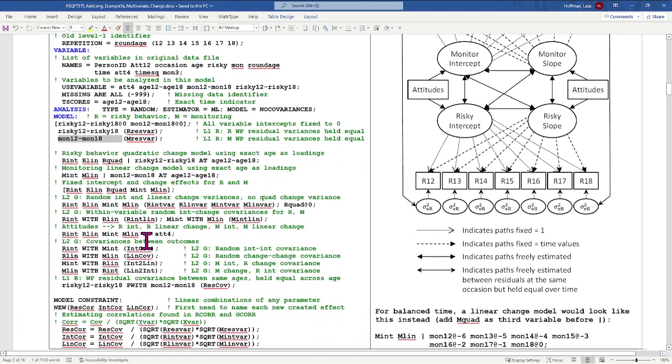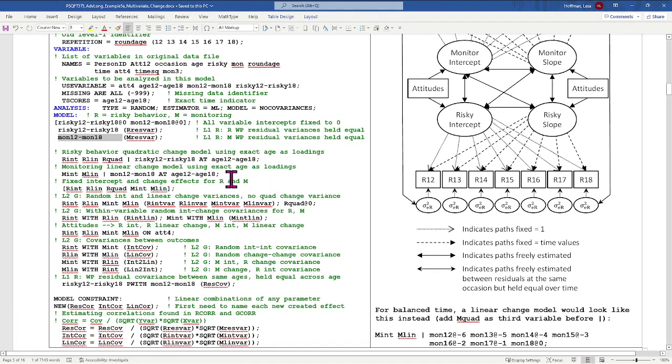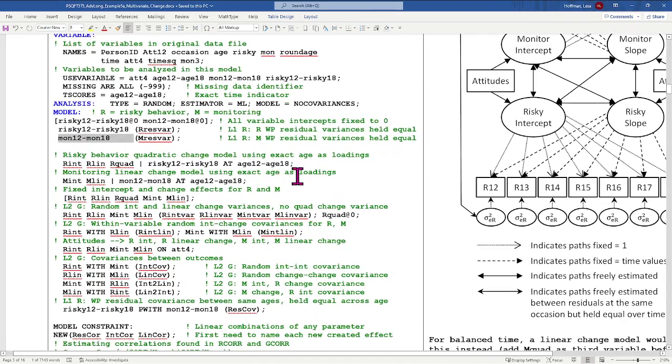From there, I'm taking advantage of some built-in features in Mplus with respect to how to set up my growth model. So this pipe option is a programming shortcut that allows you to make polynomial models of change. So it understands that I'm asking for the first term to be the intercept, the second term to represent linear change, and the third term to represent quadratic change in risky behavior as measured by these observed boxes.